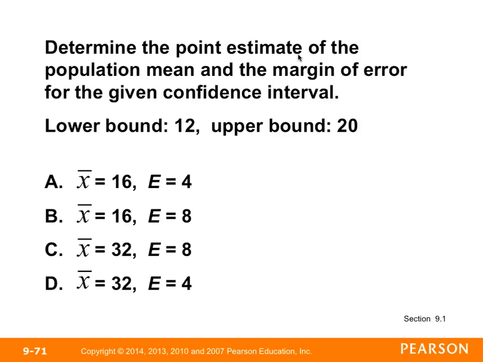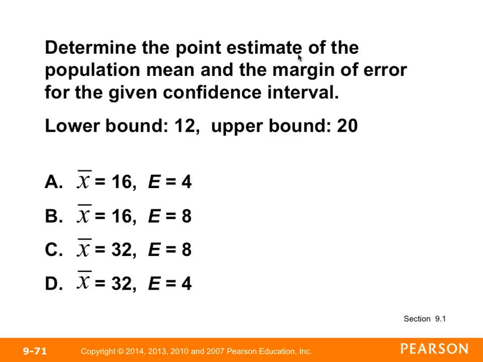Okay, let's say we want to determine the point estimate of the population mean and the margin of error for a given confidence interval. So this is actually kind of backwards. Everything else we did, they gave us data and we had to find the confidence interval. This one, they give us a confidence interval and they want us to tell them what the actual mean is. If you recall, I did mention that the mean is always going to be smack dab in the middle of your confidence interval. So if you think about the numbers 12 and 20, you want to find the number that's right in the middle of those.